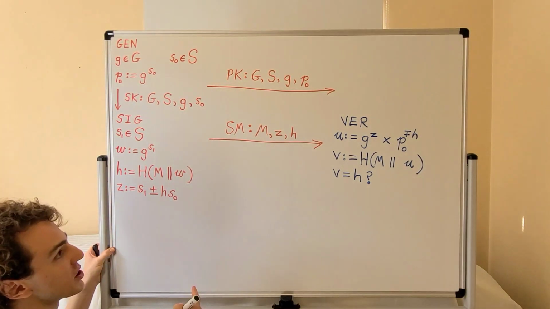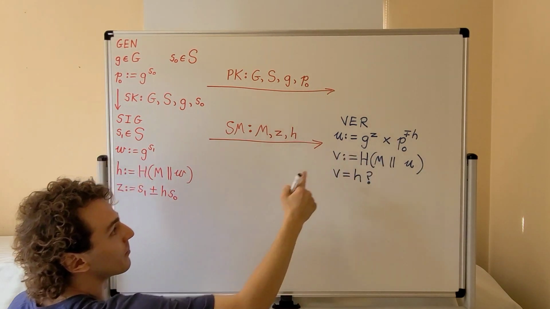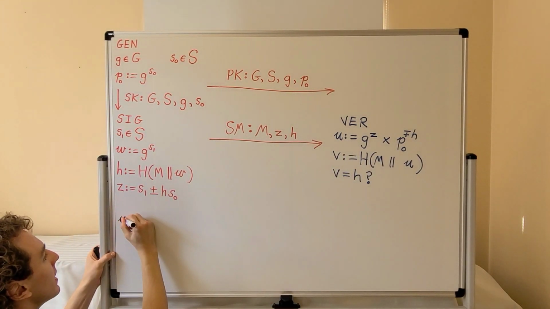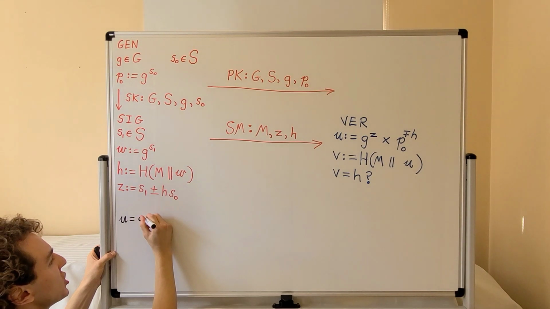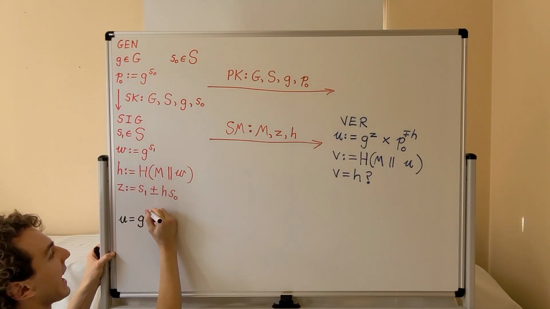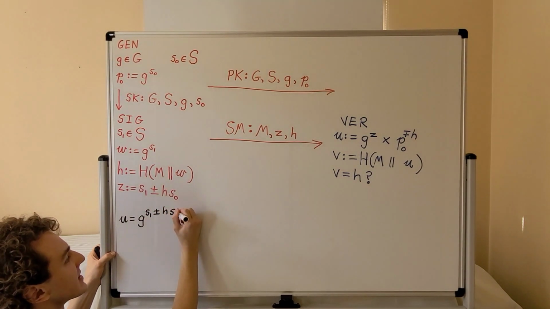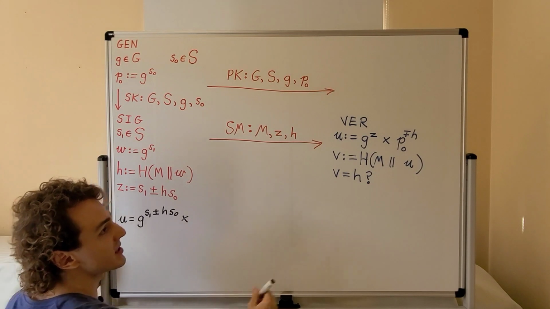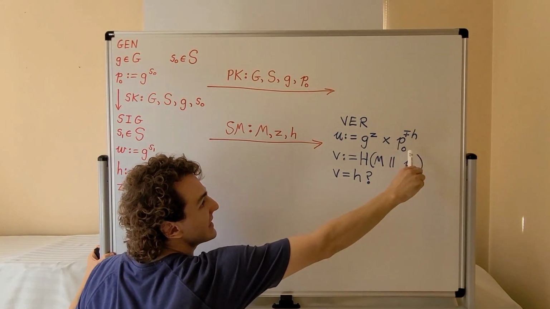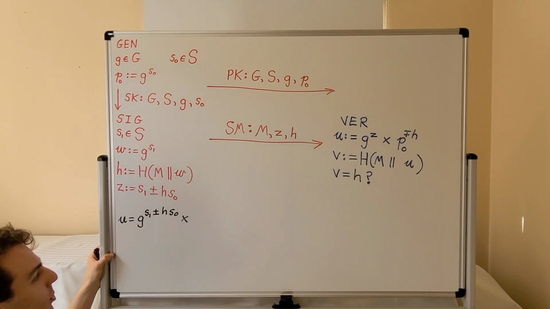So W is equal to U because we can rewrite this in a different form. U can be written as g to the power of z, but what is z? Z is s1 plus or minus h times s0. And then we multiply by this value over here, p0 raised to the power of minus plus h. What is p0?